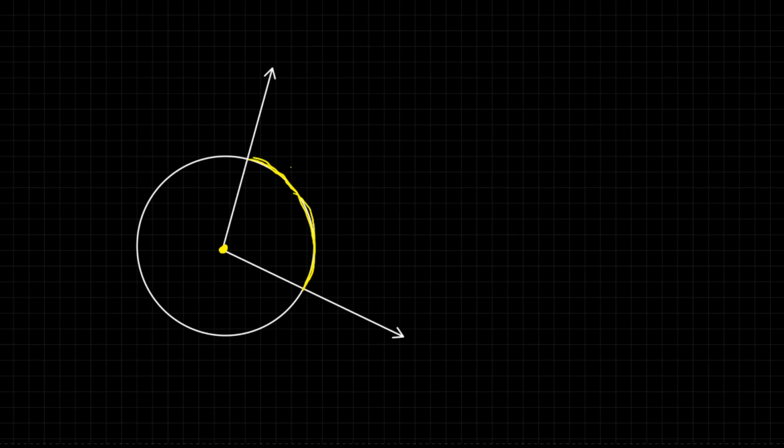And if this arc has length s, and this angle is, let's call it theta. Remember, theta is this Greek letter. And an important thing is that this angle theta is the angle in radians.